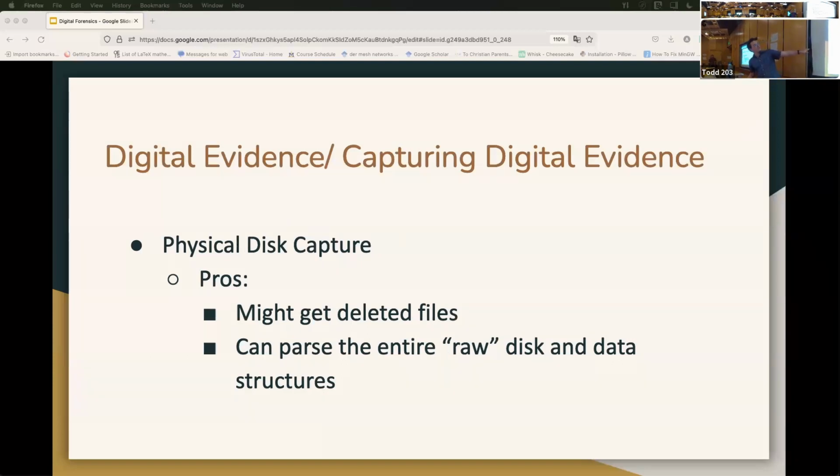So there are two ways to capture non-volatile evidence. We've got physical disk capture and logical disk capture. Physical disk capture, some of the pros is we might get deleted files. I don't think everybody's familiar with how a computer deletes a file, but when you move something to trash or you delete something, all you're really doing is snipping the pointers that point to this data.